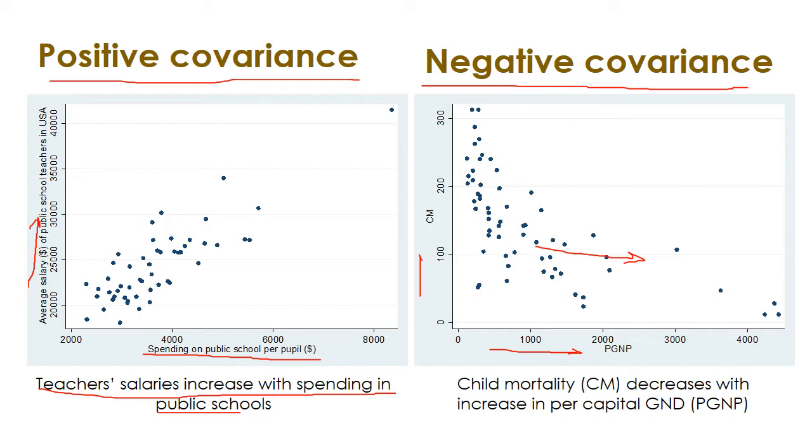But here we have the child mortality and the per capita gross national product, and you will notice as the per capita gross national product increases, the child mortality is decreasing. It is going down. So we have negative covariance here, and here we have positive covariance.